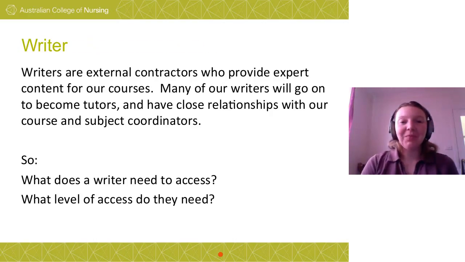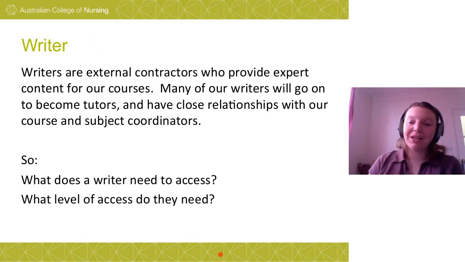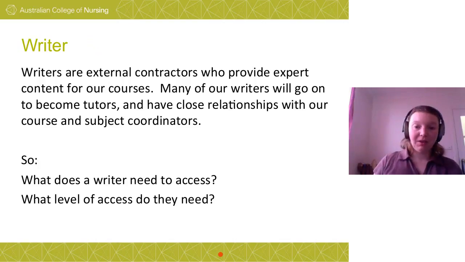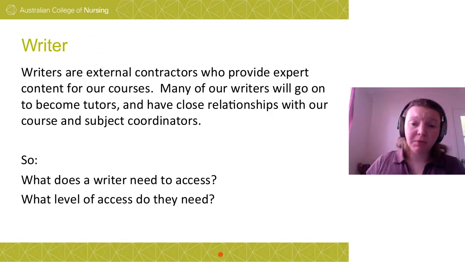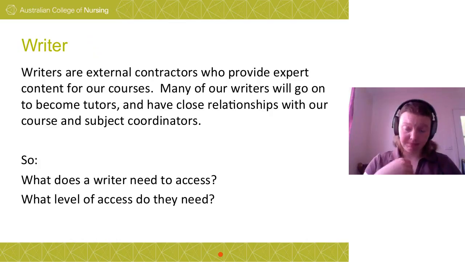So at ACM, we contract writers who are experts in their field, and they write a lot of the content for us. We have a content reviewer process that stuff, and then it goes up into our Moodle site. But our writers might be writing for subjects that are being added into new graduate certificate programs, or being added as a component of one larger course.